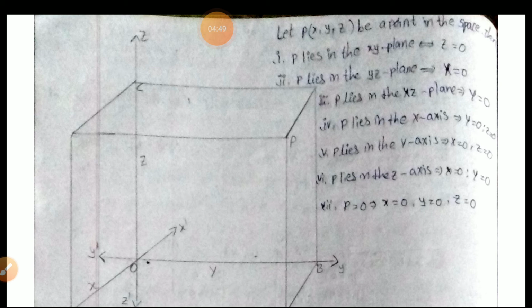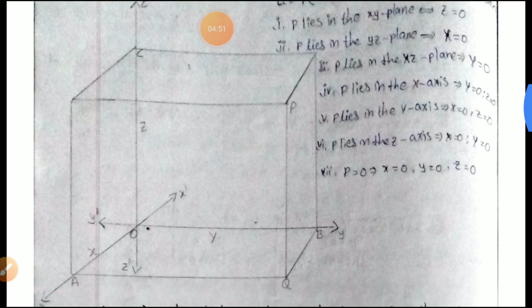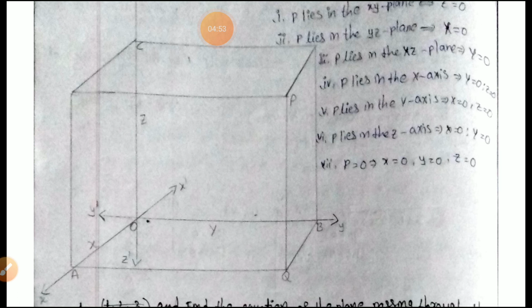Let us say that P is the general point in space (x, y, z), A is a point on the x-axis, B is a point on the y-axis and C is a point on the z-axis.